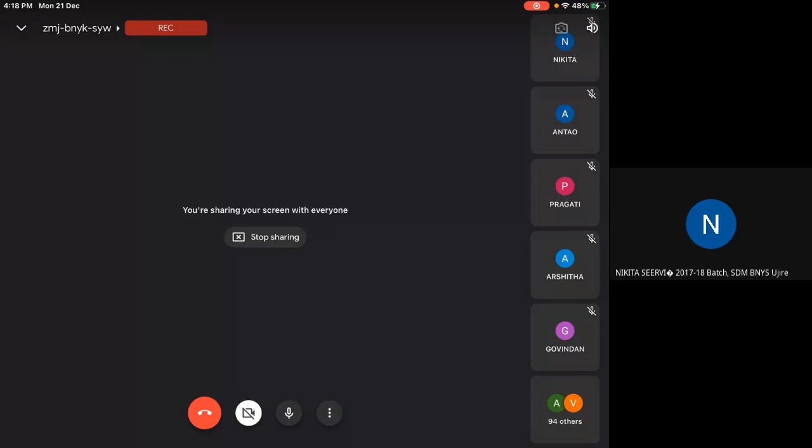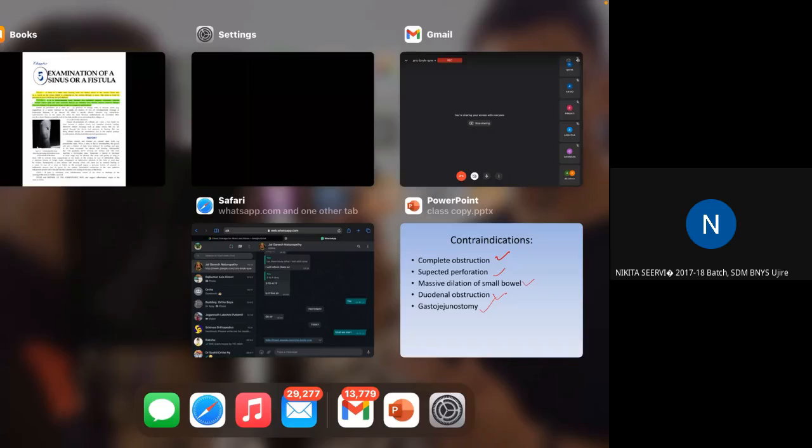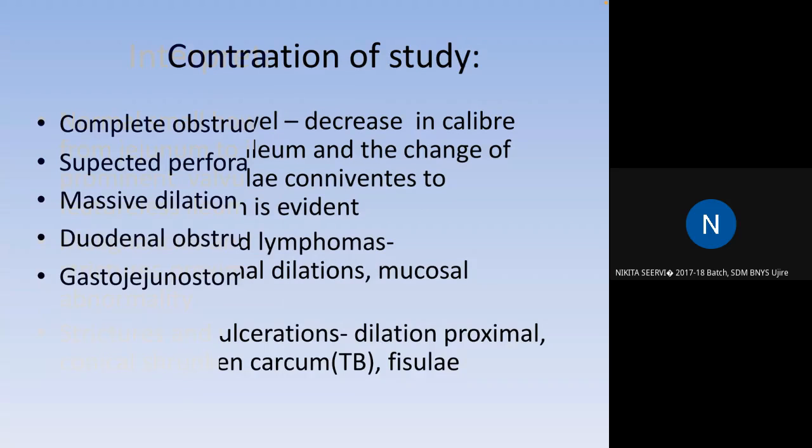Gastrojejunostomy is where the stomach and the jejunum are connected either because there is loss of duodenum or there is some pathology in it.